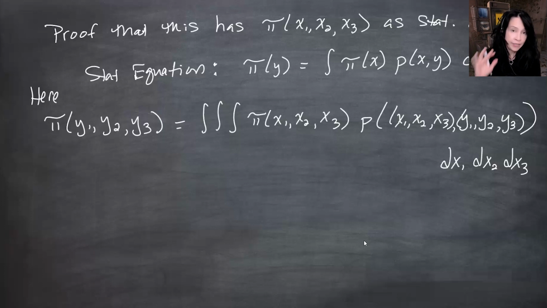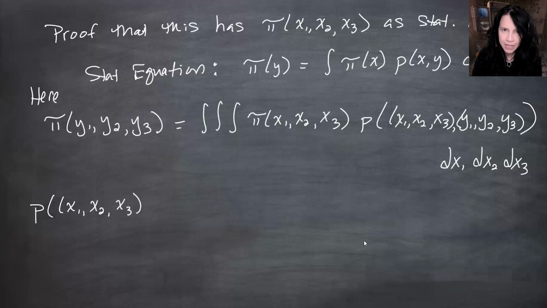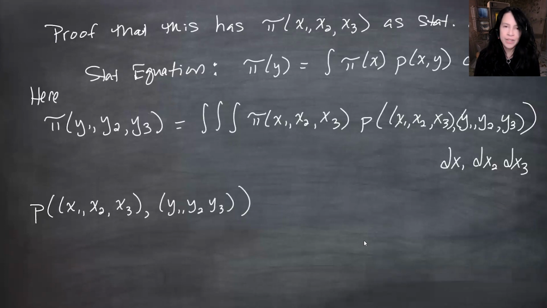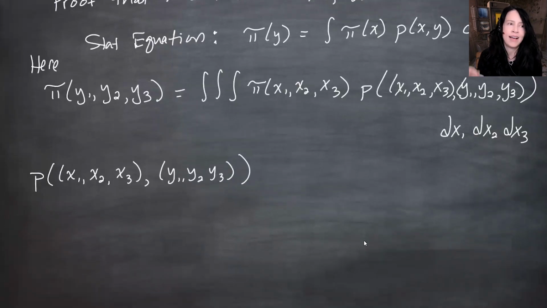And we were given a pi, but the Gibbs sampler algorithm is giving us a formula for the transition probabilities. The quote unquote probability we go from x1, x2, x3 to a point y1, y2, y3. Now this is continuous, so this probability is going to be 0 if I say probability. How we do this is heavily dependent on the idea that the argument of my PDFs tells you which PDF I'm using.